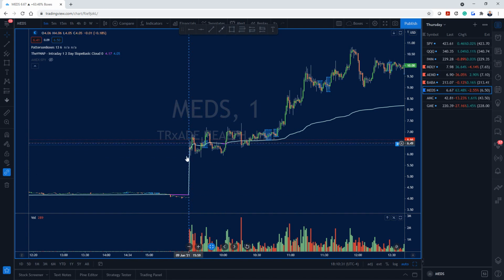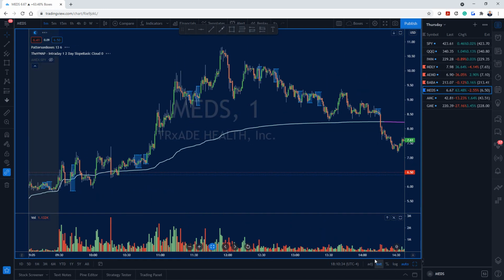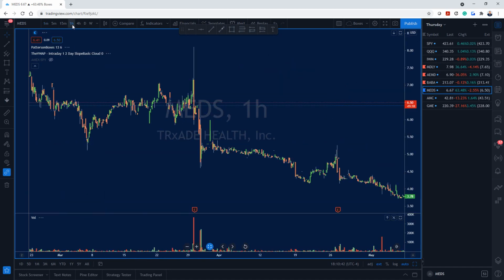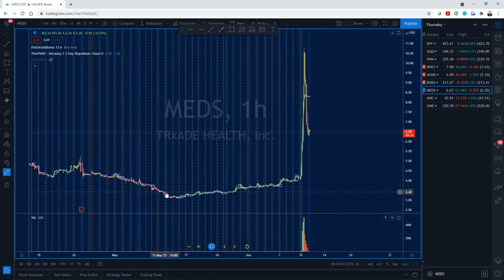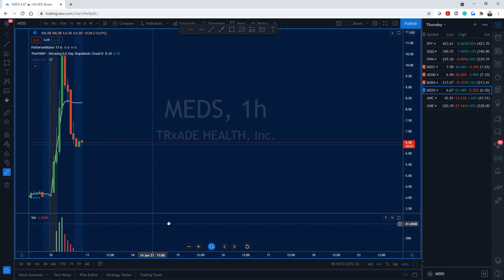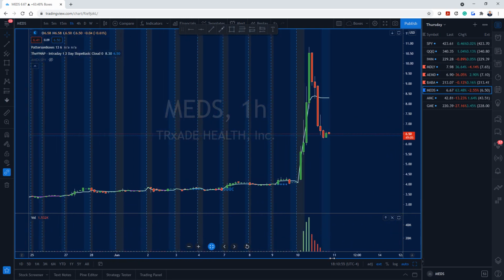Assuming we take the pre-market volume into effect as well, we could add that up. In the pre-market, the volume was approximately 30 million, maybe 31 million.